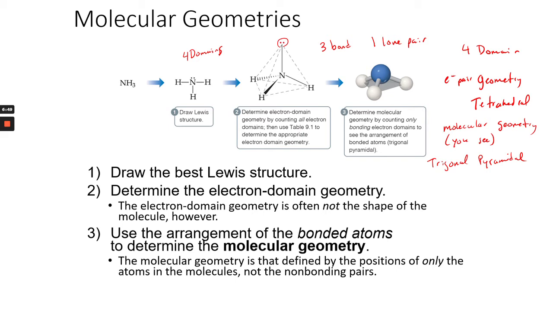Okay, so you draw your best Lewis structure, you determine your electron pair domains, and that gives you your electron domain geometry, not the shape of the actual molecule, because you have to look at the bonded and unbonded. The bonded atoms will determine the molecular geometry. The non-bonding atoms will affect your bond angles, but you won't see them in your molecular geometry.